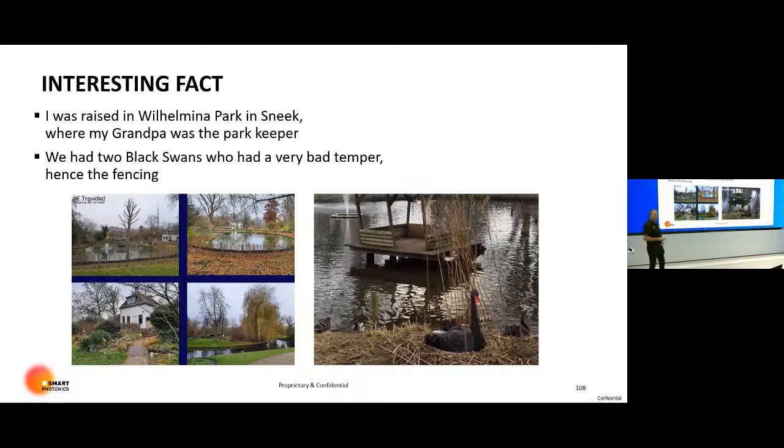Okay, interesting fact. When I was writing this presentation, I suddenly remembered that my experience with black swans went back to my youth. I grew up with my grandpa's house. My grandpa was a park keeper in Sneek, which is a nice village in the north of the Netherlands.